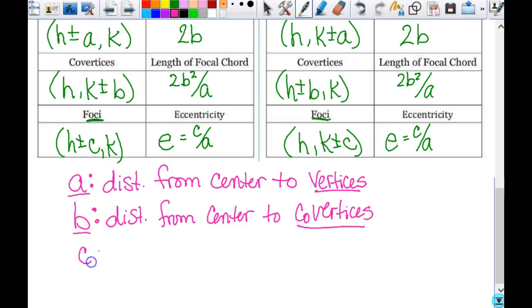And then C is distance from center to what? Yes, the focus point, to the foci. Okay, so you need to understand that concept there, not just worry about putting it with H and K in the little ordered pairs, but be able to graph it quickly as well and figure out what you need. Okay? Everybody okay with that?